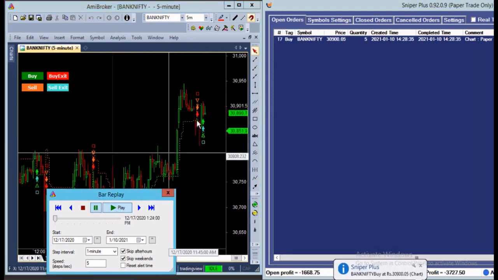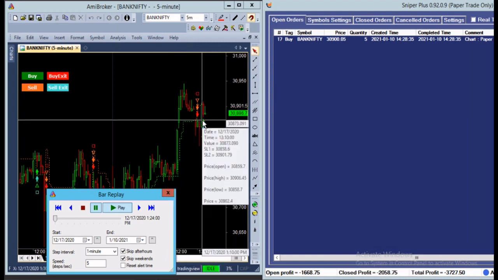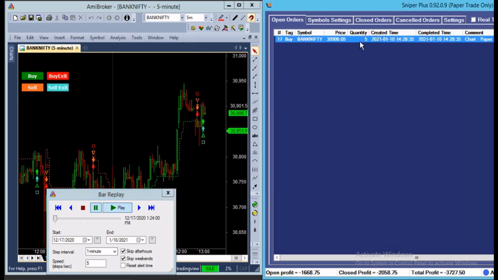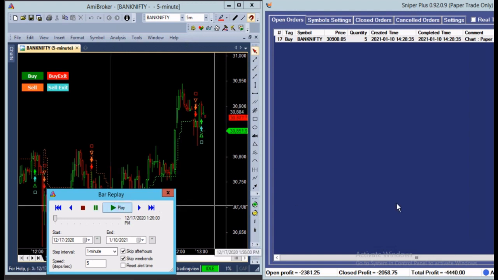We got a buy call here, and the chart had given the loss call before, so next we got the buy call, and the quantity is 3 plus 2, that is 5. Okay, here the quantity is 5, and let's play again.